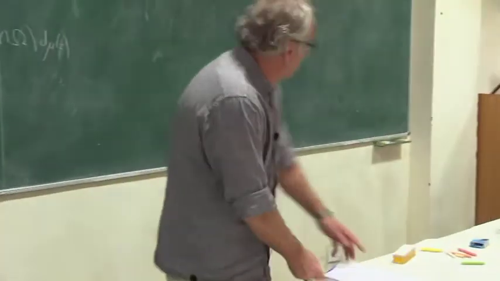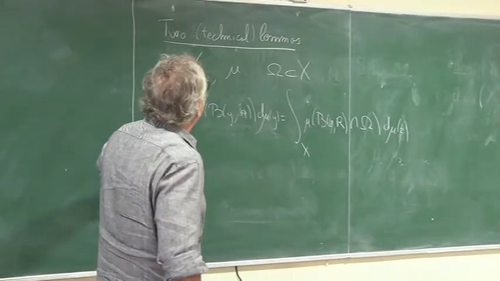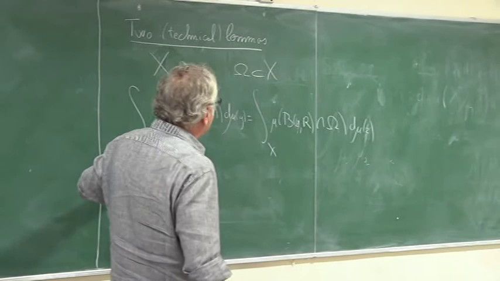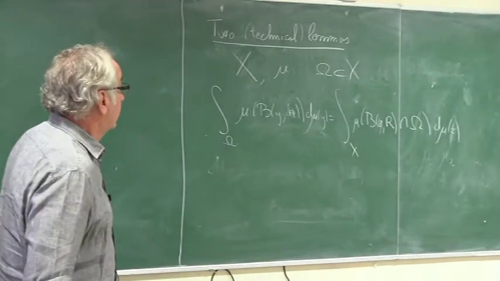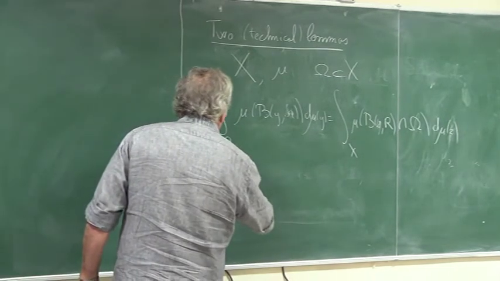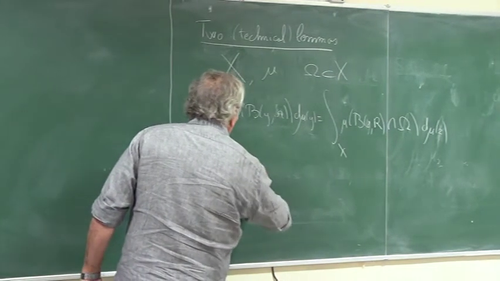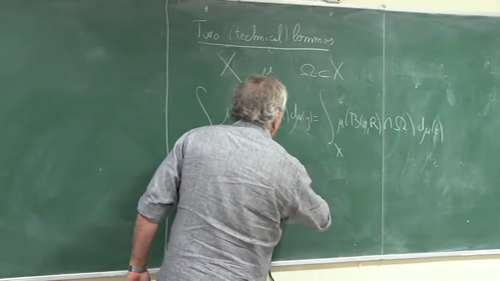Okay, like this. So this says that if you integrate this quantity on some subset of X, then this subset can come into the story here. And this I will use twice at least. This is trivial, so I leave it as an exercise. If you want a hint, it is an easy corollary of Fubini's theorem.